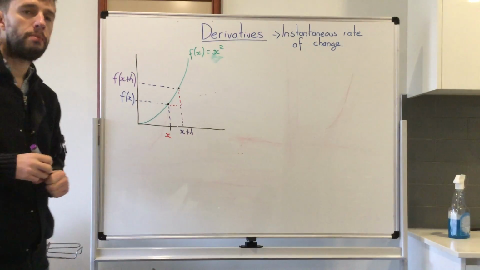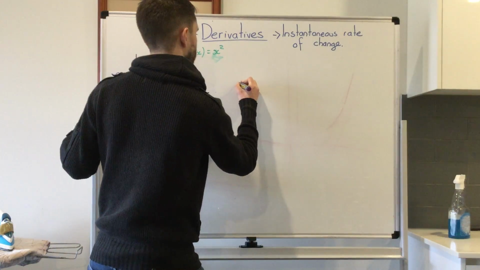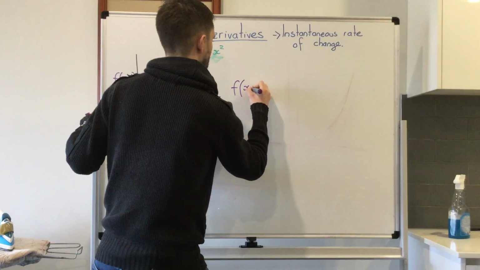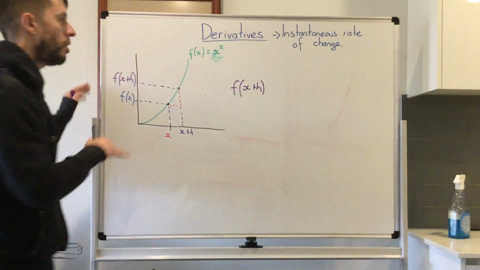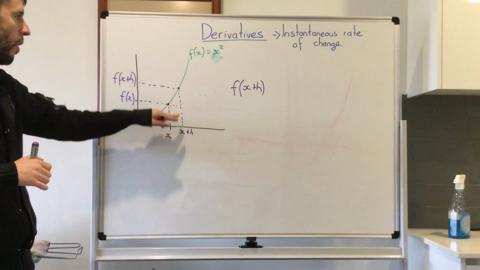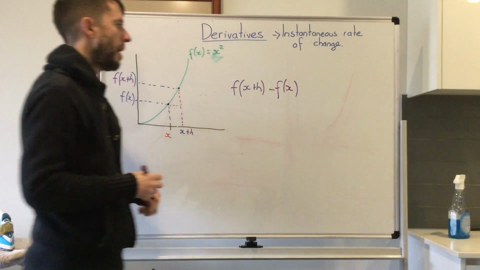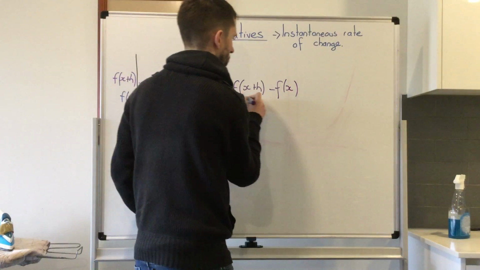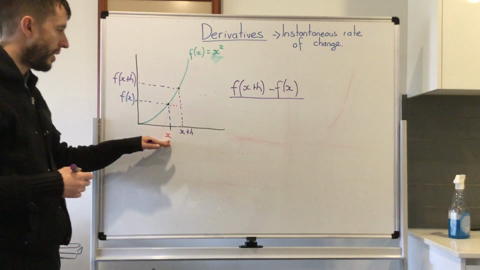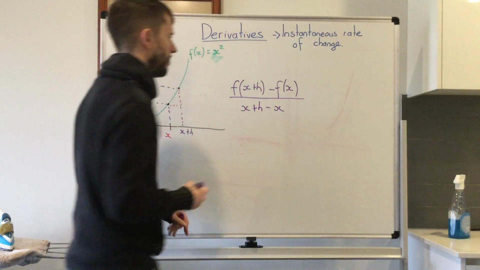Just like what we did before, our y2 for rise minus y1, which is our y. So function of x plus h minus function of x divided by our x2 minus x1. So we've got x plus h minus x.